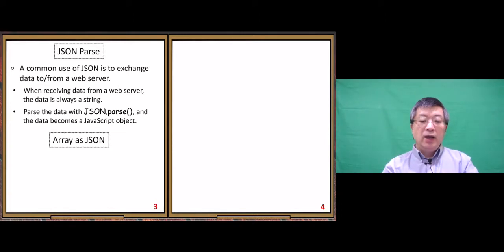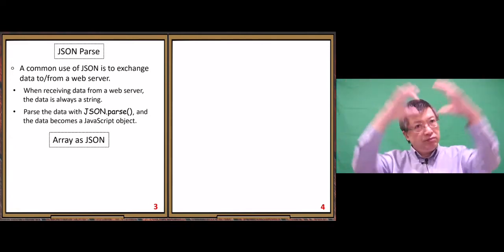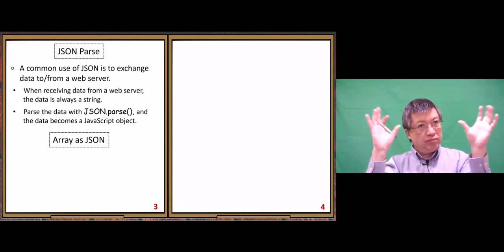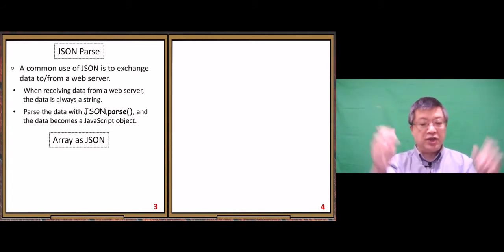But another thing: array as JSON. Here there is a case where our JSON data, the whole thing, is an array.